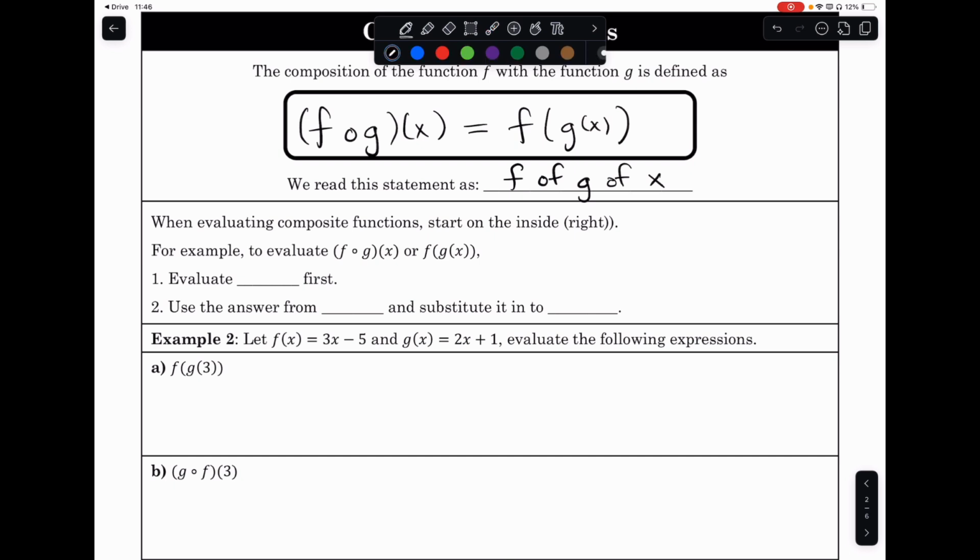So we would evaluate g of x first. And then using the answer from g of x, we're going to substitute it into f of x. And that's how we evaluate the composition of a function.